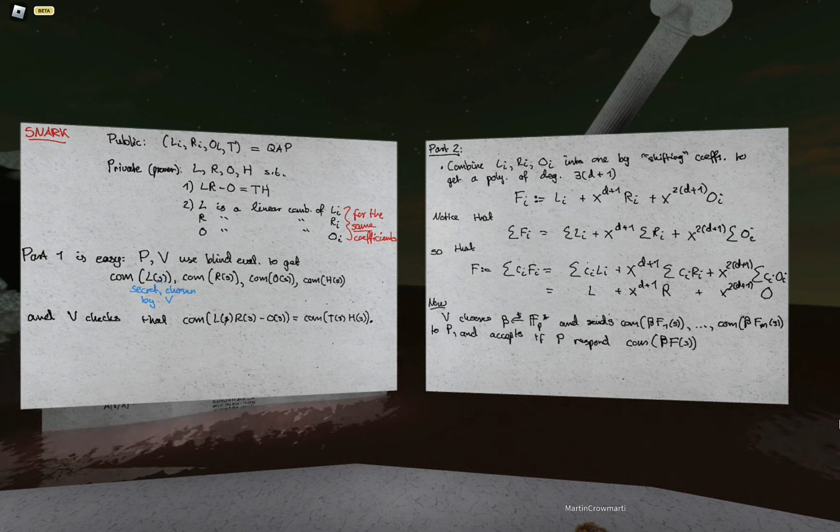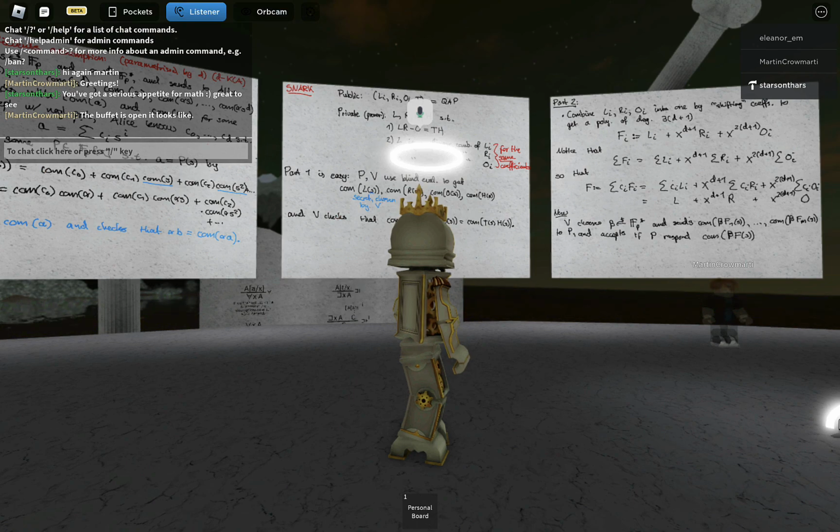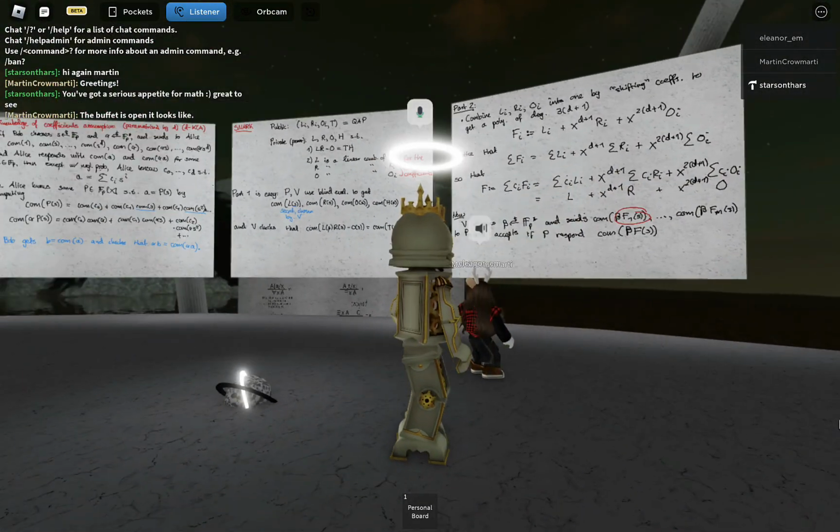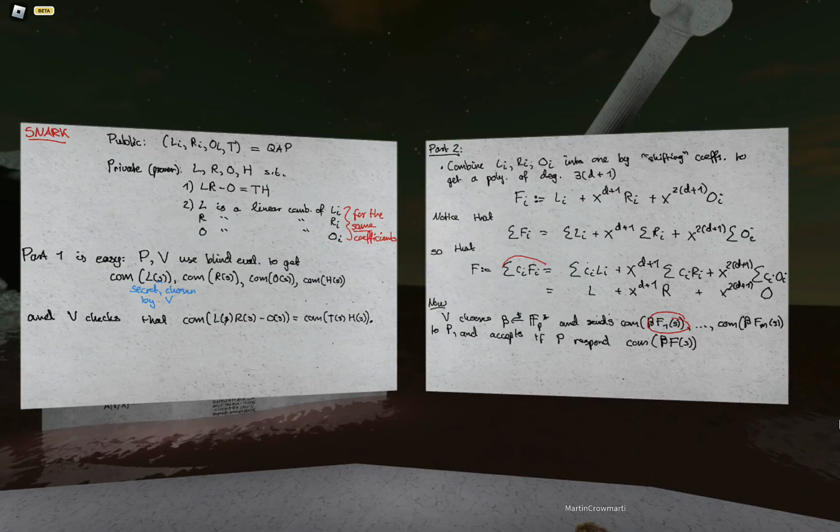How is the prover going to calculate this? Well, the prover knows beta f1 of s, so it can calculate a commitment to c1 times beta f1 of s, and so on, and then sum them up to get a commitment to beta f of s. How is the verifier going to compute this?